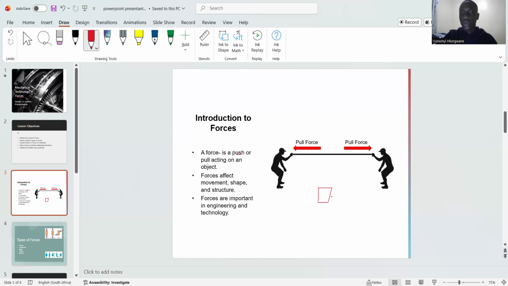This is our object, a trolley. Now, the trolley is given a force in this direction. That means it's going to affect the movement, the shape, and the structure. If the force is too strong, it can even affect the structure. Forces are important in engineering and technology.